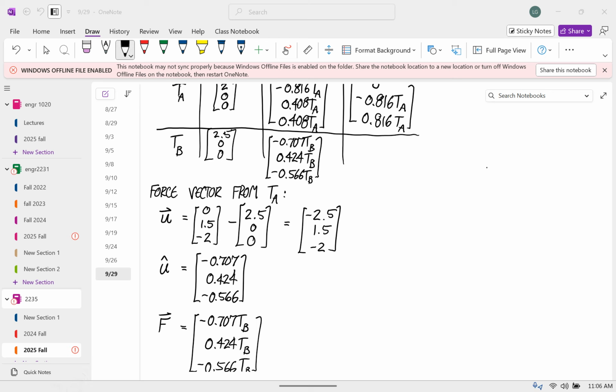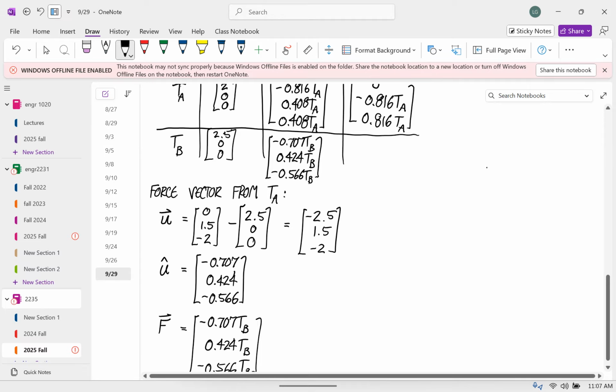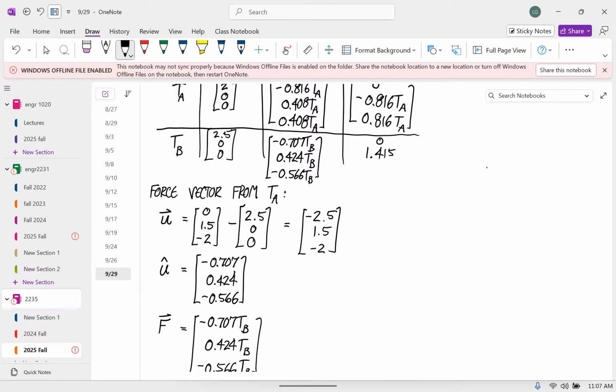That's a useful thing if you want to plug it into your calculator. So I'm going to cross 2.5, 0, 0 with negative 0.707, positive 0.424, negative 0.566, and we get 0 for x, 1.415 TB for y, and 1.06 TB for z.